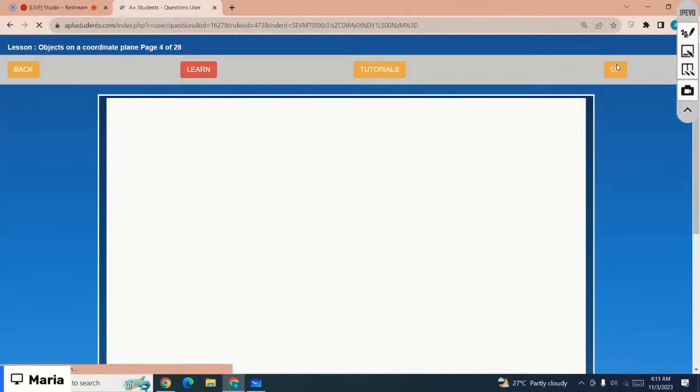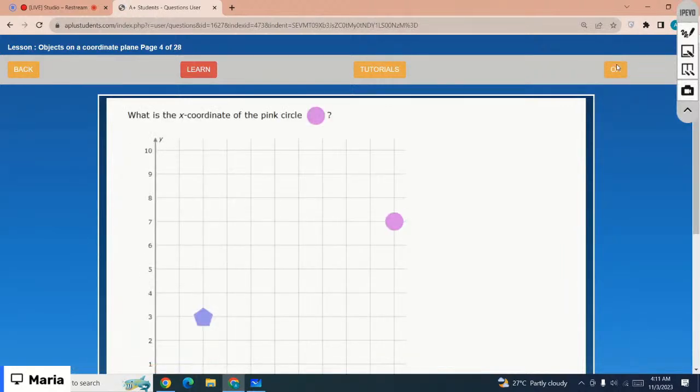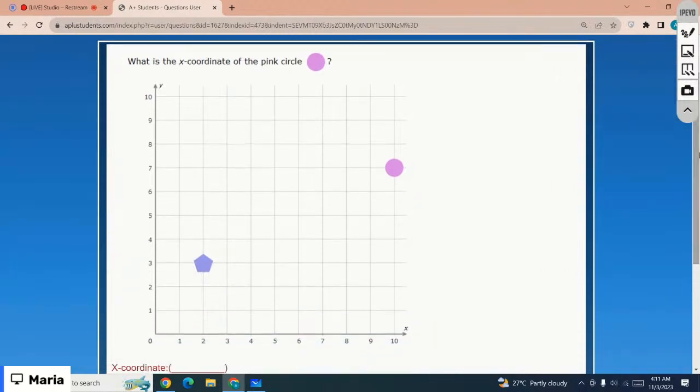X axis you have to match, not on the y. What is the x coordinate of the pink circle? Which is the correct option? So what is the x coordinate of the pink circle?